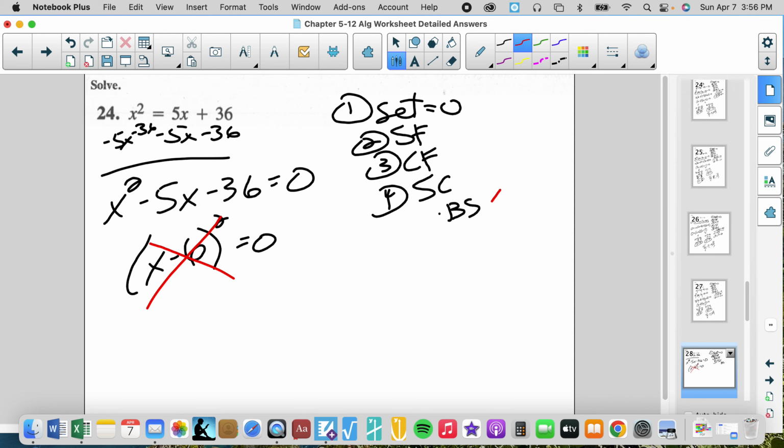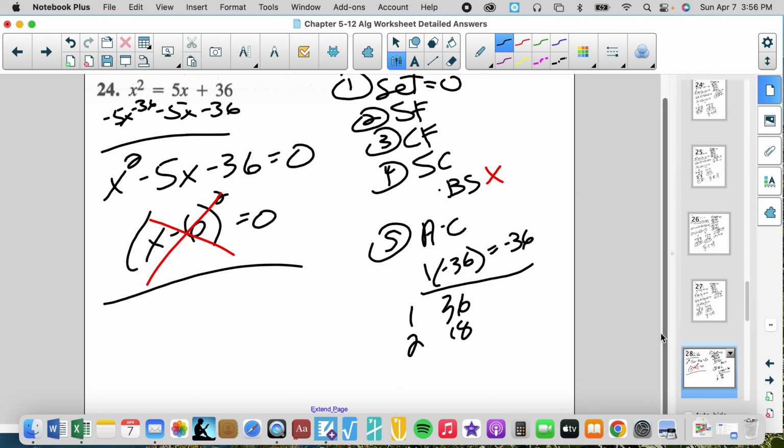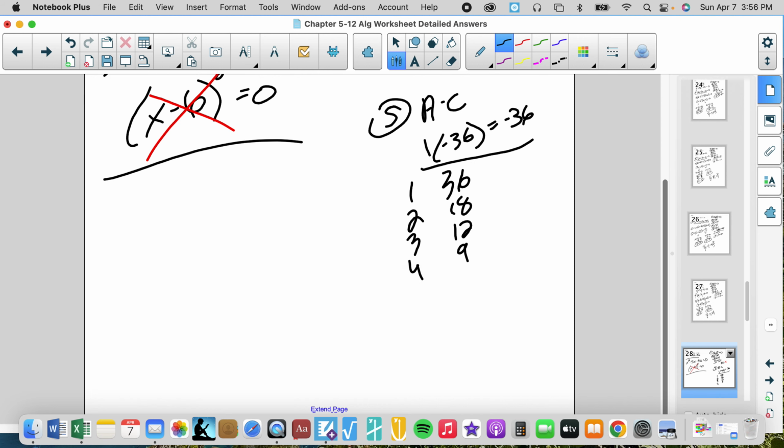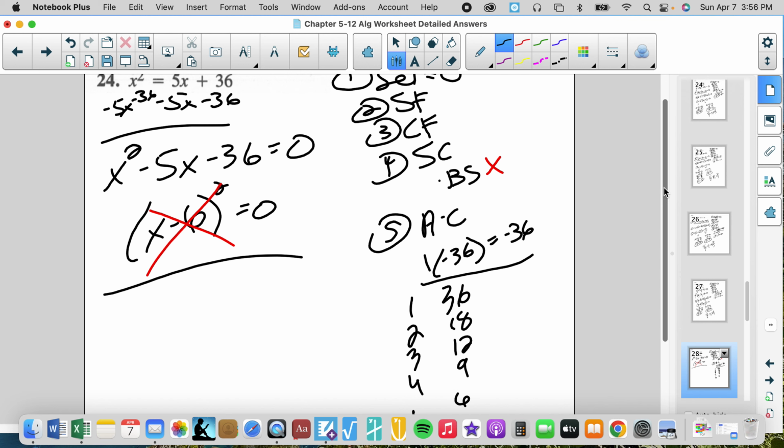So binomial square, no. That means we move on to a times c. So a times c is going to be 1 and -36, 1 and 36, 2 and 18, 3 and 12, 4 and 9, 6 and 6. Signs are different.